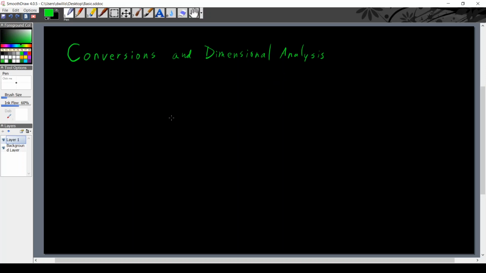All right. So, as we talked about previously, dimensional analysis is a technique where you will start and you will set up sort of a long fraction bar, and then arrange different things that you want to convert.